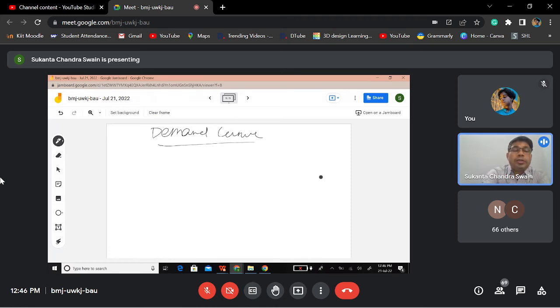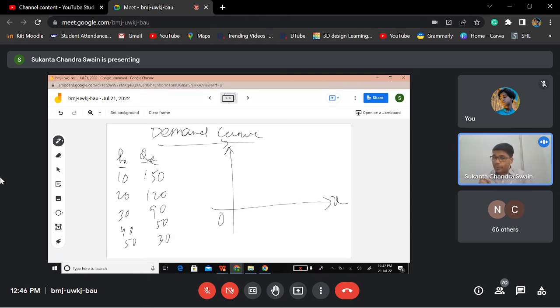So let's say you got the price and demand like this: price 10, 20, 30, 40, 50, and demand 150, then 120, then 90, then 50, then 30. Then you just plot this in a graph. But here there is a difference. While we take the plane like this, the x-axis, the horizontal axis, presents which variable, dependent or independent?